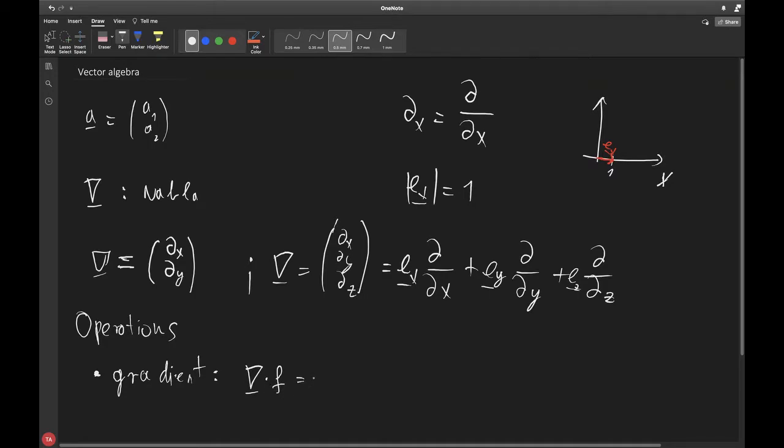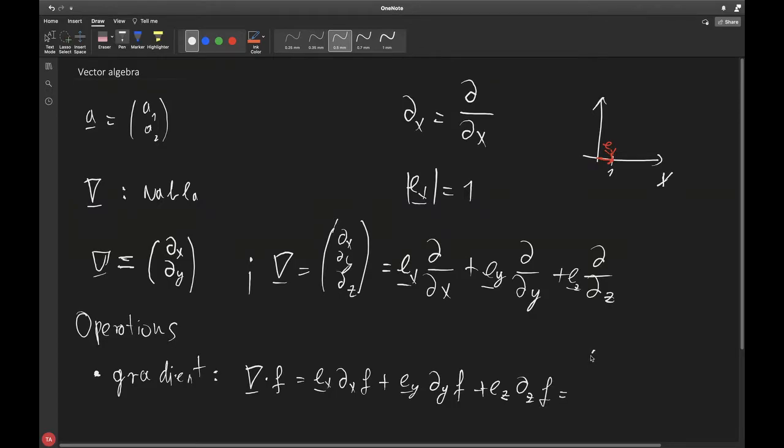That's going to mean that I am adding together ex with the derivative of f by x, plus the derivative of f by y in the y direction, plus, oh sorry, that's a plus, something in the z direction, that something is a derivative of f.